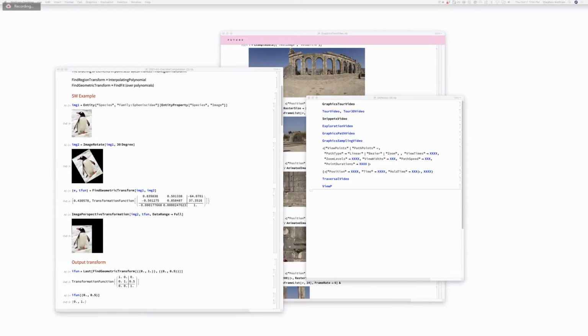It seems like the fundamental problem is that find geometric transform should have image in its name, and there should be a different function that handles it for other stuff. Yep, it should be kind of an image fit or find image transform. The analog, if this is find region transform, that should be sort of find image transform. Or maybe we should change its name and gradually deprecate find geometric transform. Right.